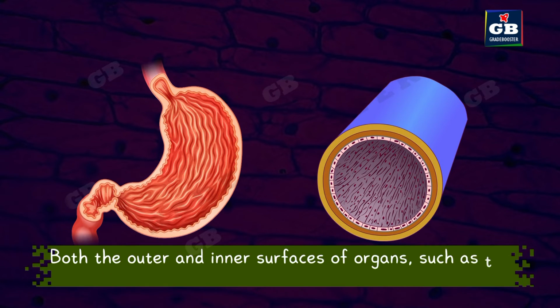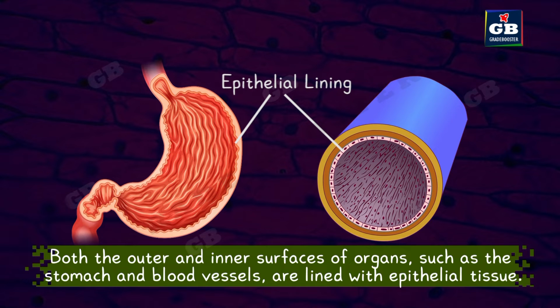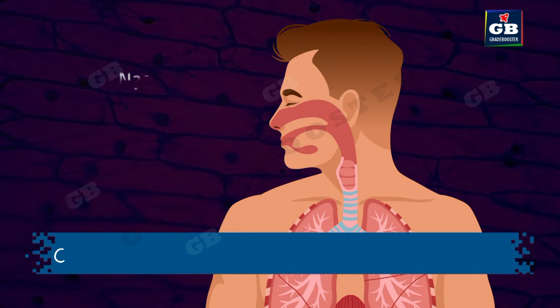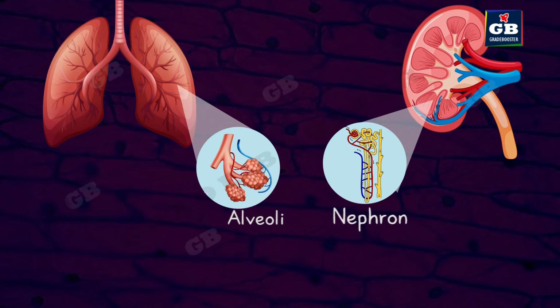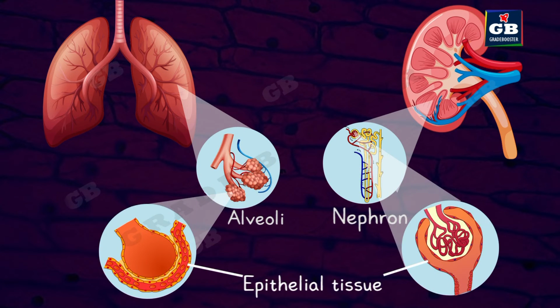Both the outer and inner surfaces of organs, such as the stomach and blood vessels, are lined with epithelial tissue. Cavities, such as the mouth and nasal passages, are also lined with epithelial tissue. The alveoli in the lungs and the renal tubules in the kidneys are composed of epithelial tissue.